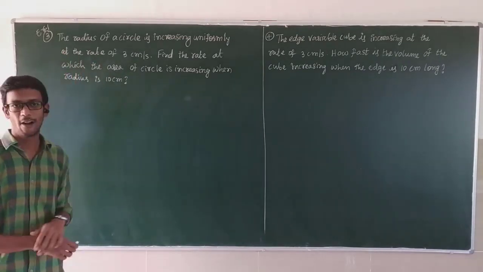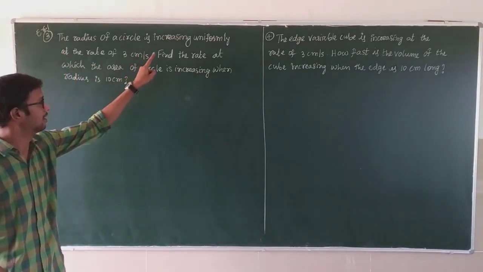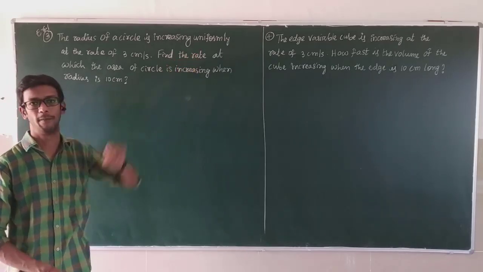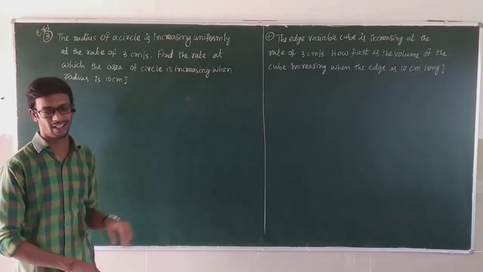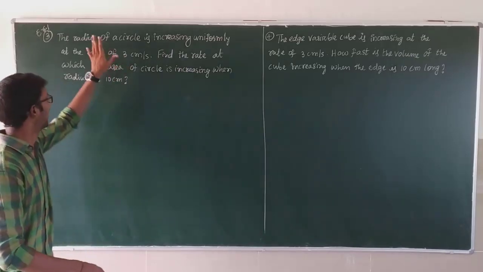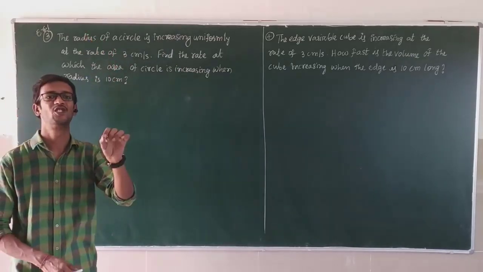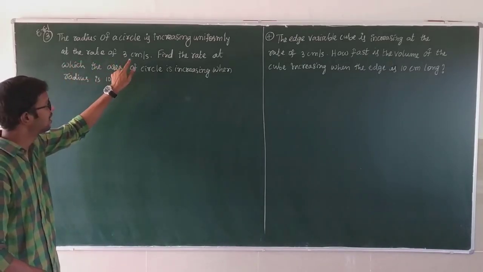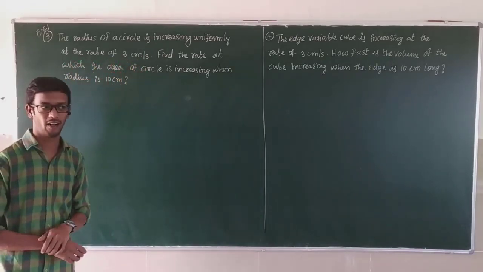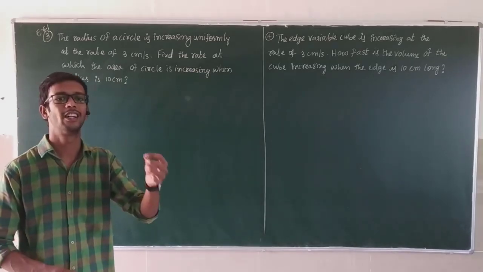Next, problem number 3. The radius of a circle is increasing uniformly. Uniformly means continuously. What is increasing? The radius is increasing. The change in radius is at the rate of 3 centimeters per second. In 1 second, the radius increases by 3 centimeters.